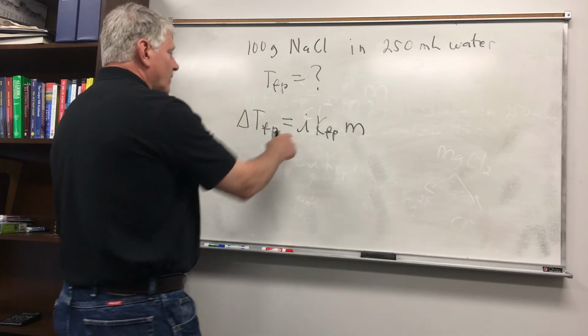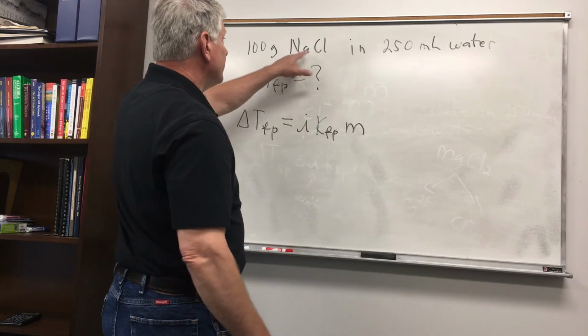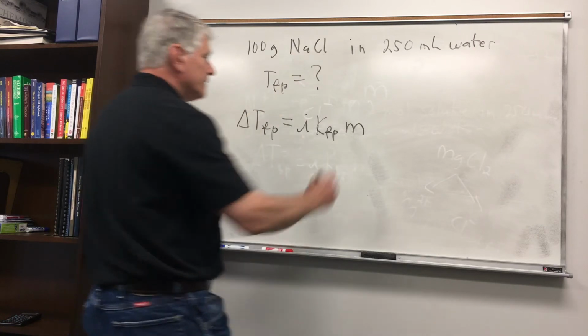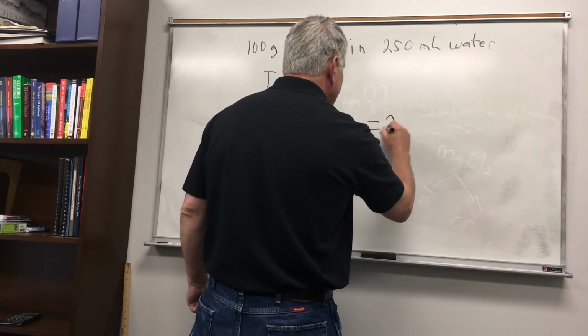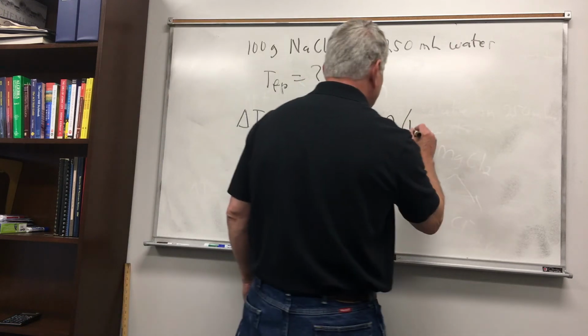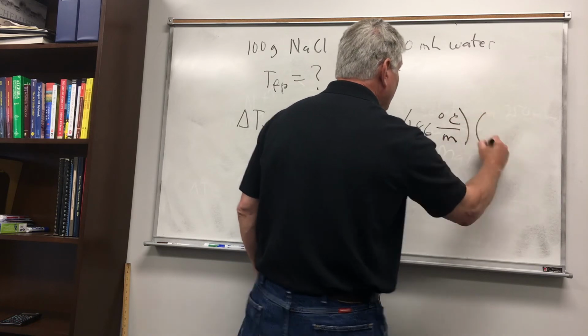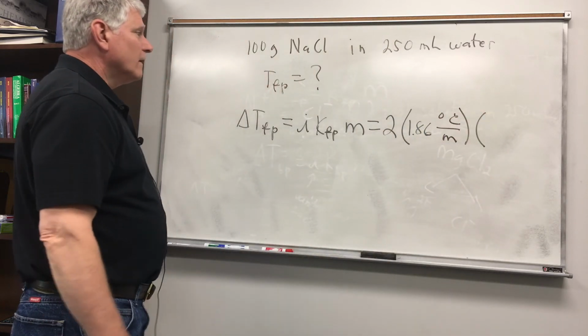And so i will be 2 because sodium chloride breaks up into 2 separate ions. So this will be 2 times the freezing point constant times the molality of the solution.